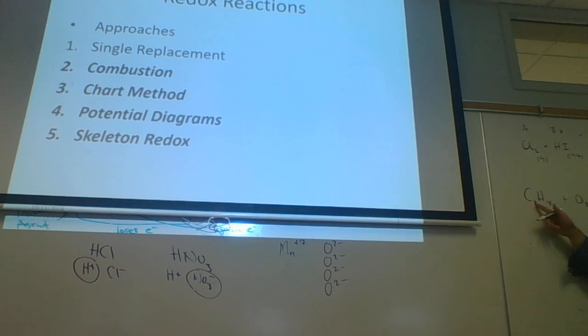We can also take CxHyOz compounds. These are called carbohydrates, alcohols, ethers. There are a whole bunch of CHO compounds. These also burn, and they'll just form CO2 and water.